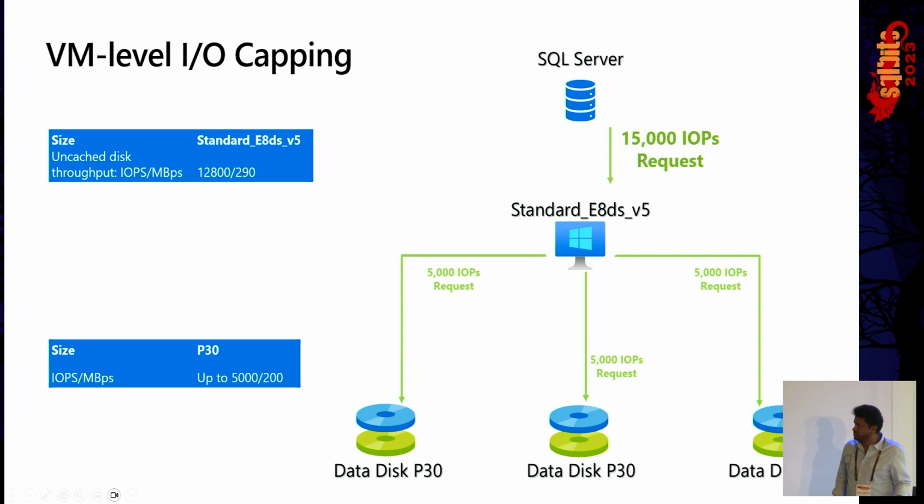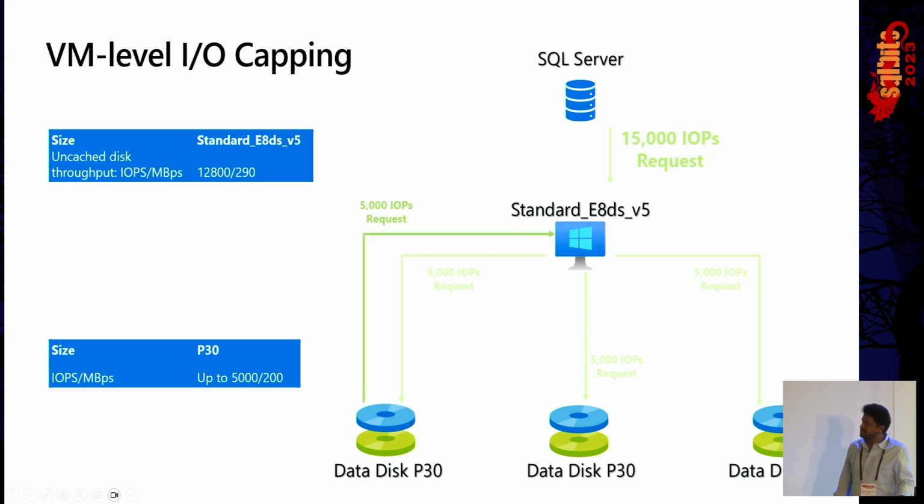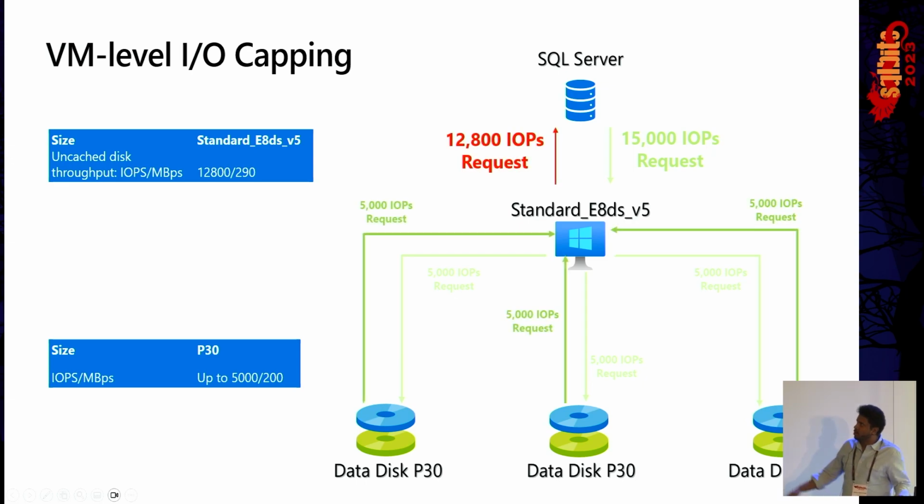Ideally, it would give all the 5,000 to all these 3 disks. But only 12,800 comes back, not the 15,000. Though the disks can deliver 5,000 IOPS each, the VM can only manage 12,800, because the capacity of that VM is only 12,800. Make sense? This is VM level I/O capping.